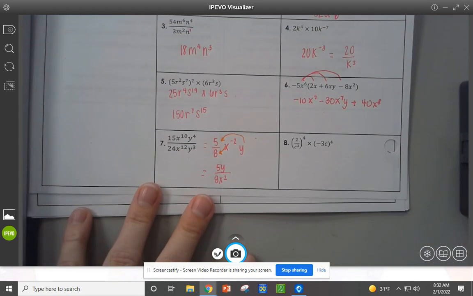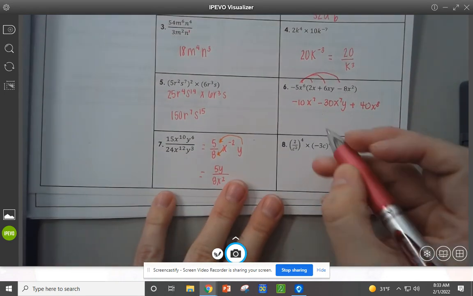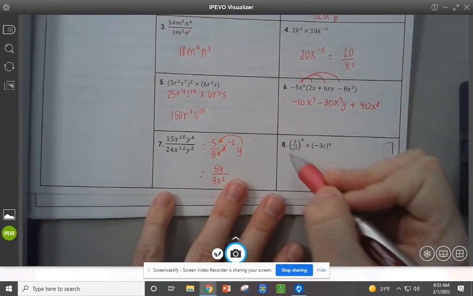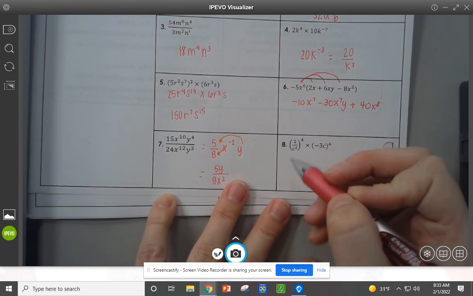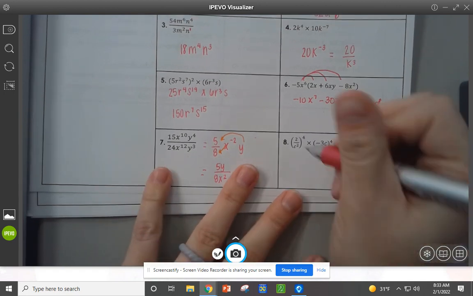Number 8, when we have a fraction with an exponent, you raise the numerator and the denominator by that exponent.